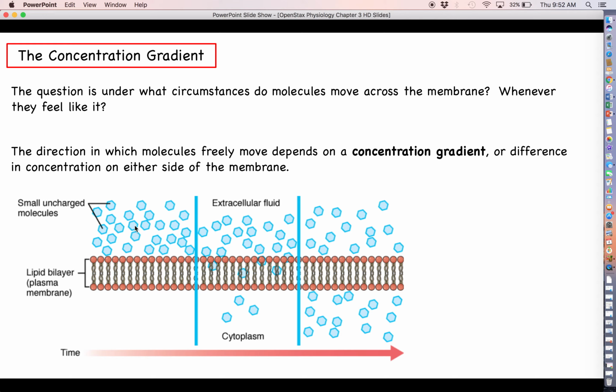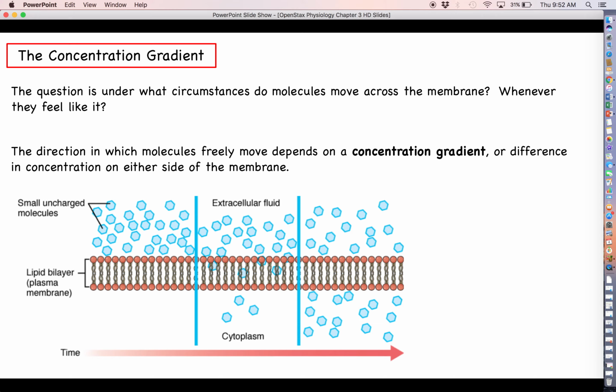At the far left of this figure, when we first begin, you will notice that all of these molecules are concentrated on one side of the membrane, and you find none of those molecules on the other. This is what we would call a very steep concentration gradient, meaning we've got a very large concentration of these molecules on one side and a very low concentration on the other.